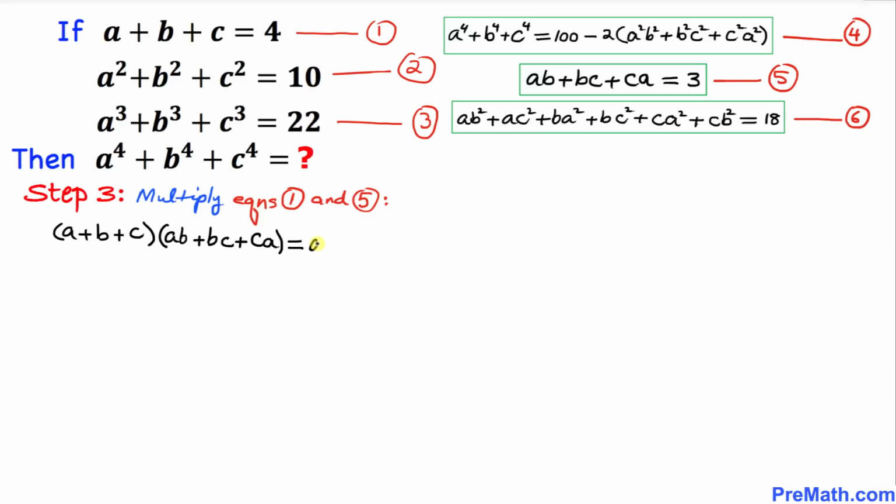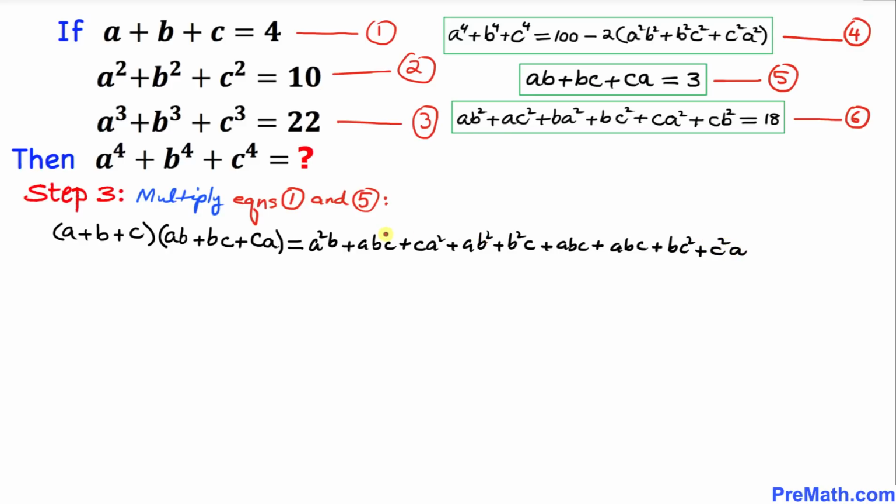That's going to give us A square B plus ABC plus CA square plus AB square plus B square C plus ABC plus ABC once again, and plus BC square, and plus finally C square A.